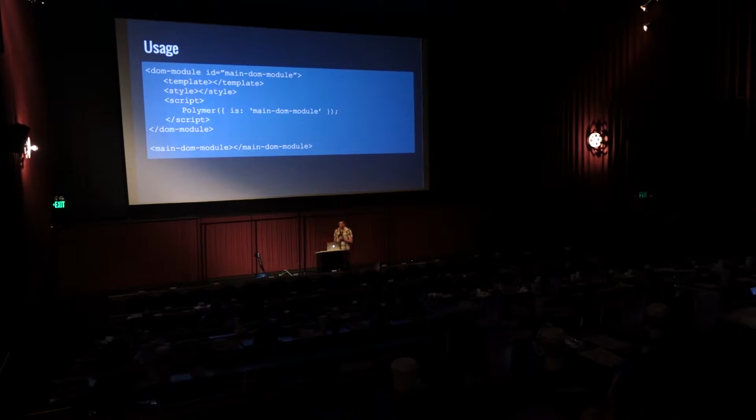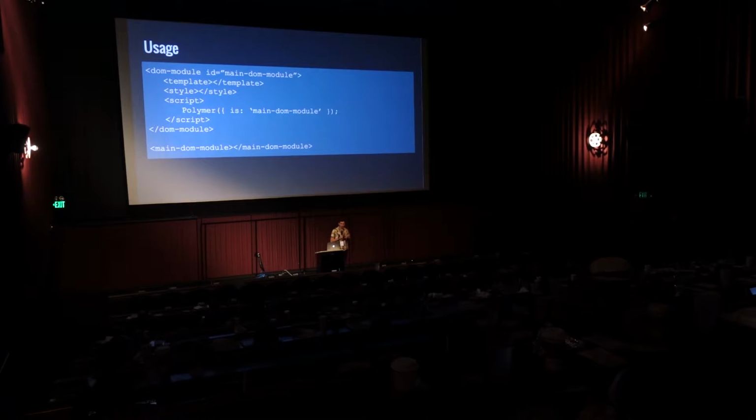The Shadow DOM is used simply by using the DOM module tag. When using the DOM module tag and the template tag, all of this is put together to allow you to create a custom element, which we'll go over in a second. You use the DOM module tag and you give it an ID, and when registering it with Polymer, your is value is the ID, and that immediately creates your custom element that enables all this heavy functionality with templates and DOM and style scoping, and that's all it takes, just the is value when registering with Polymer.